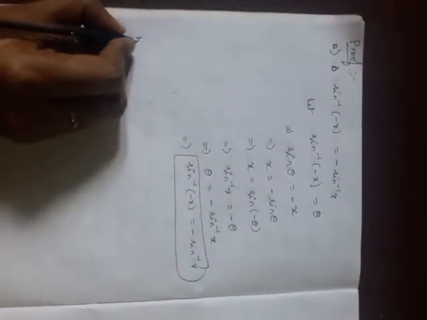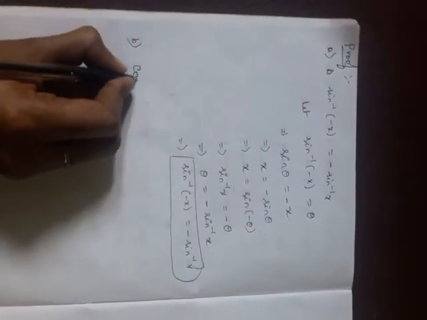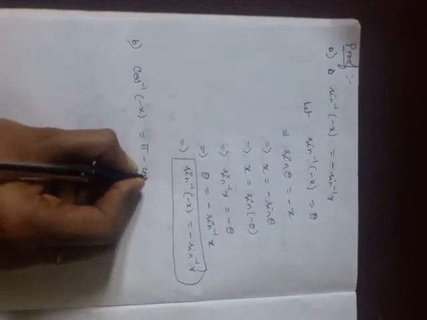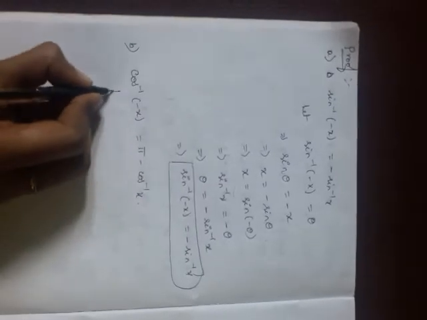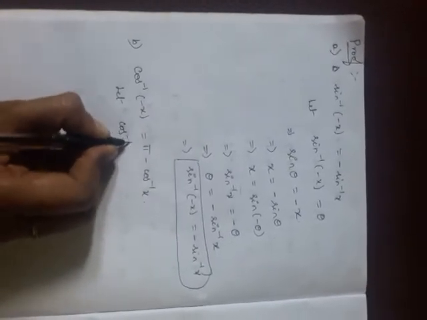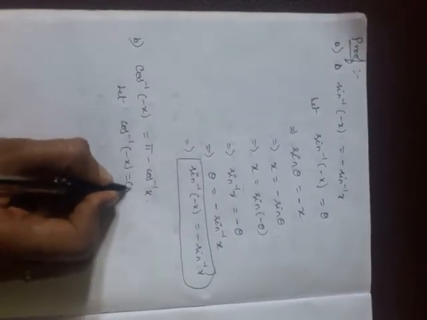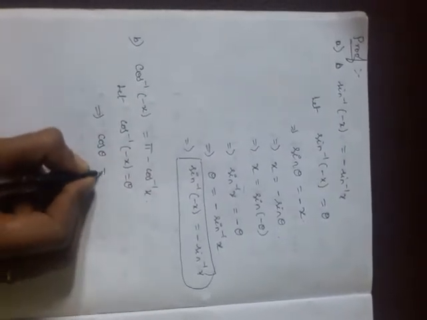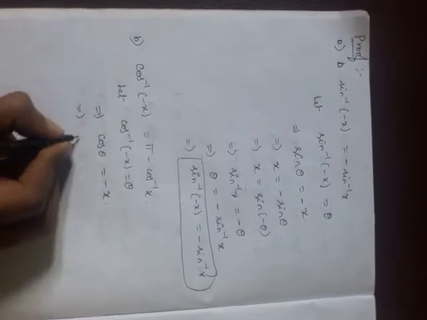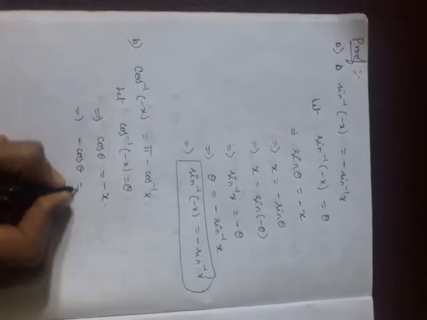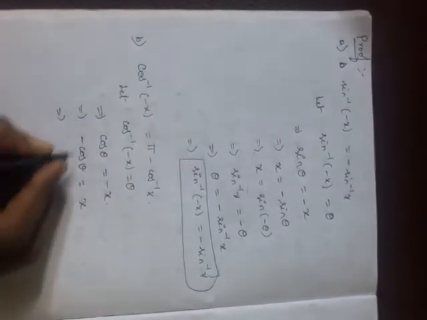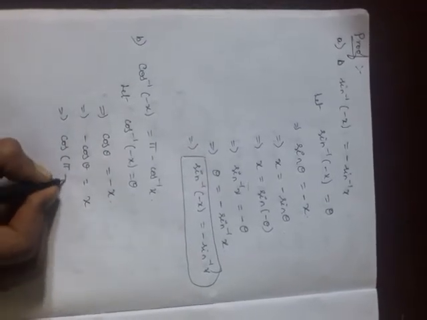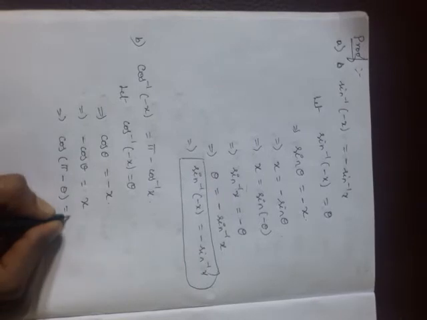Second one is, you have to prove that cos inverse of minus x is equal to pi minus cos inverse x. Correct? Let's take cos inverse of minus x equal to theta. Similar step here, cos theta equal to minus x. Implies minus cos theta is equal to x. We know that minus cos theta is equal to cos of pi minus theta, that is equal to x.